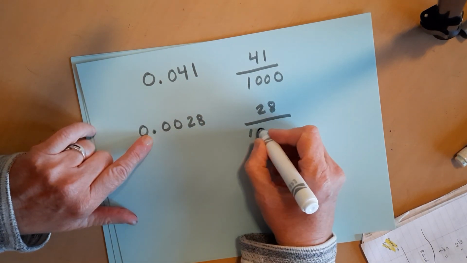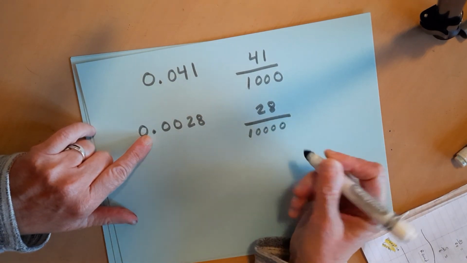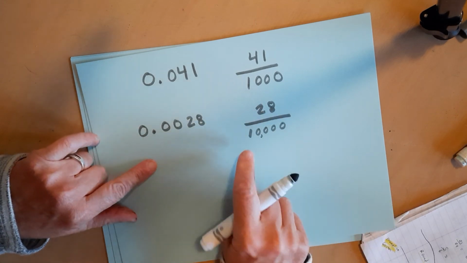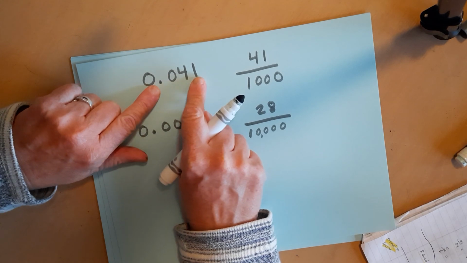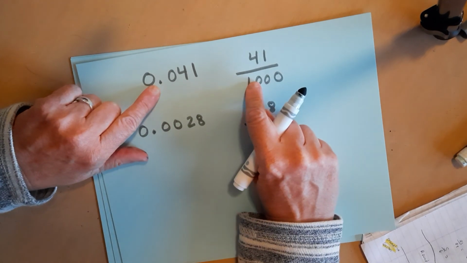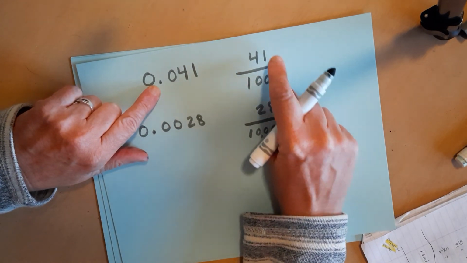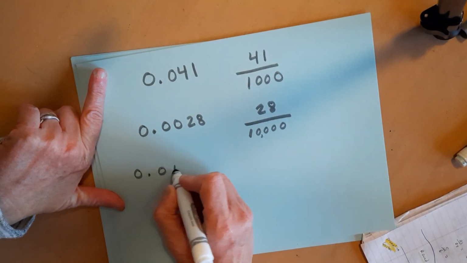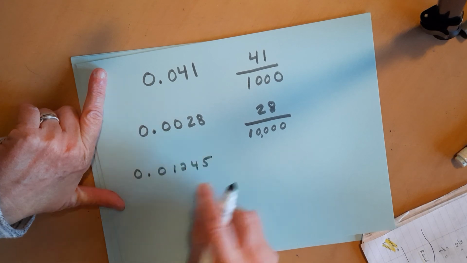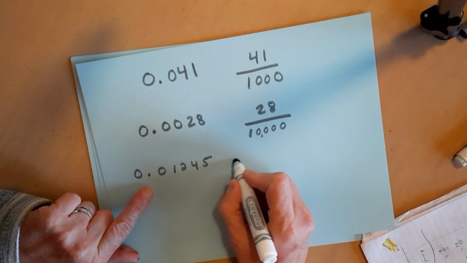So you put a 1 and you add 4 zeros. So it's 28 10,000ths. This number has 3 places beyond the decimal point, so you put a 1 and add 3 zeros. It's 41 thousandths.